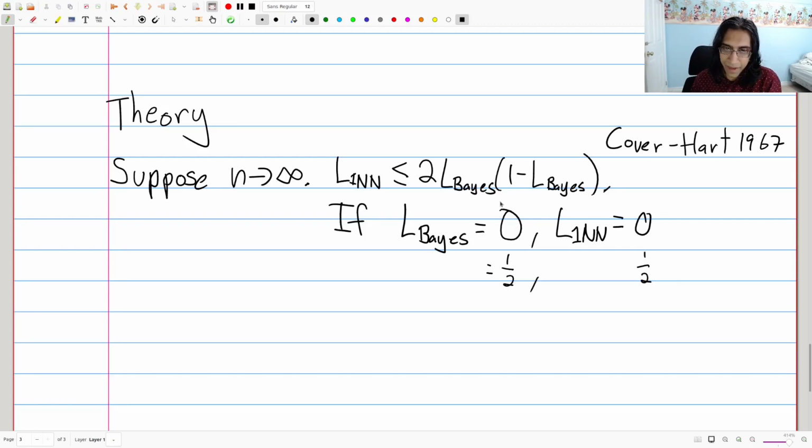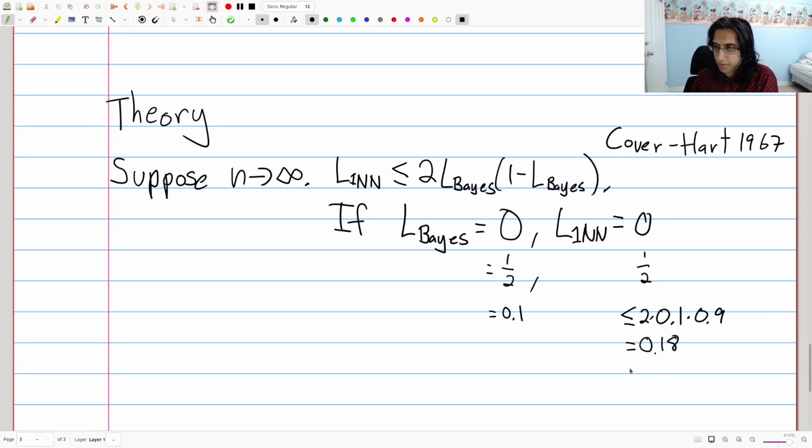But in the intermediate cases, the upper bound that we have is basically twice it. So let's just give you a simple case. Suppose that this is equal to 0.1. Then this is going to be less than or equal to 2 times 0.1 times 0.9, which is equal to 0.18, I think.